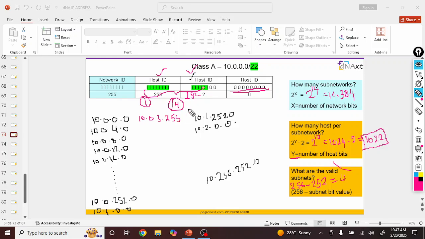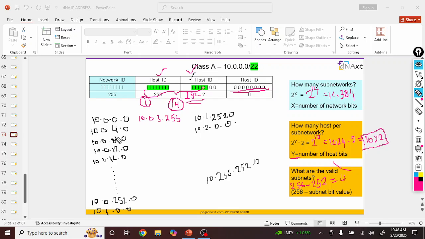Now the increment we are doing right now is in the third octet. So you will write down the preceding number. Here the number is 4, in the octet where we are doing the increment.